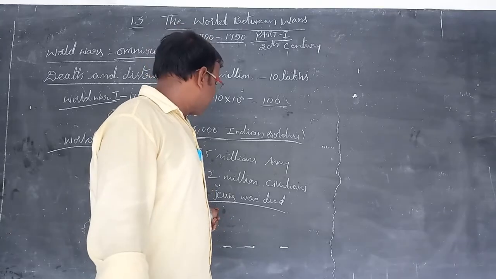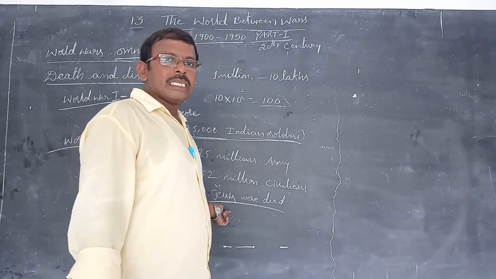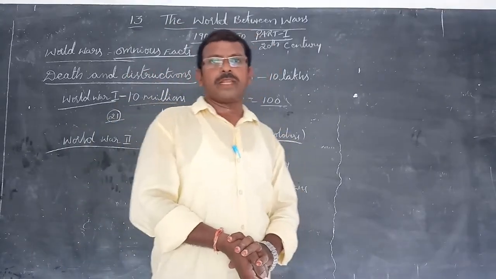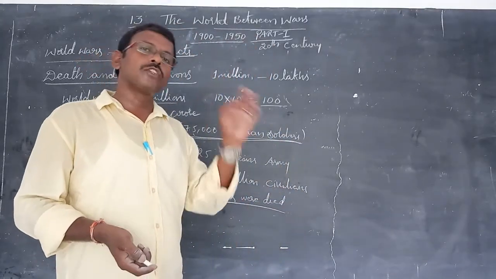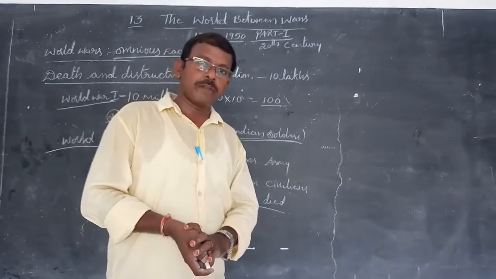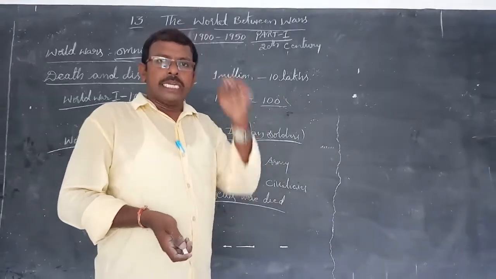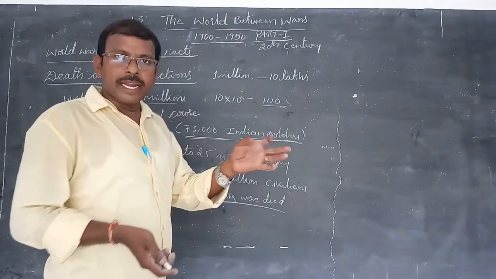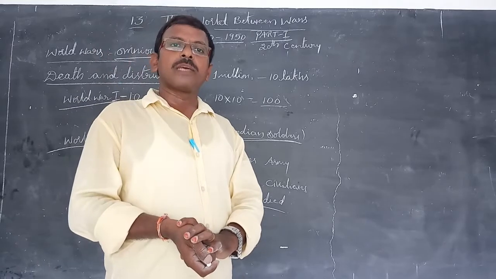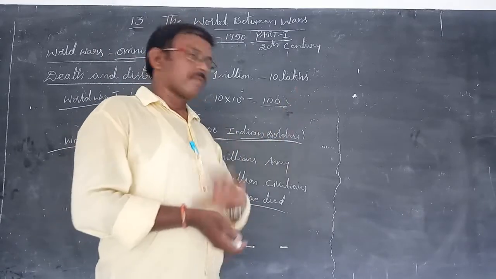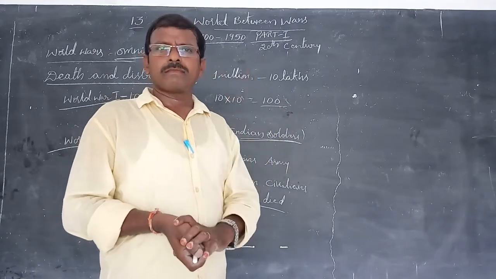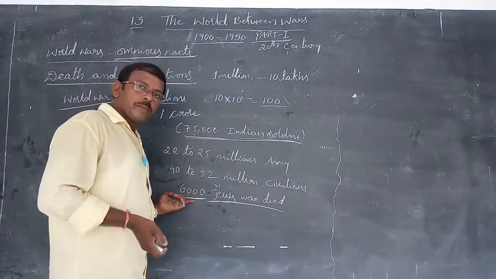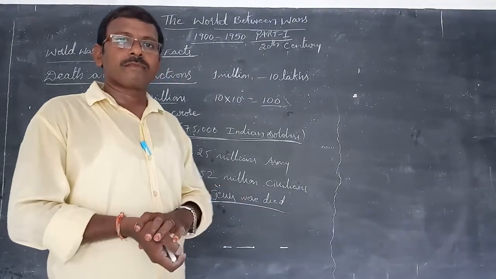Hitler targeted them, and they were a minority in Germany. Almost all are Aryans in Germany. So Hitler targeted the Jews. Those are minorities. He thought they were the main reason for this war. That's why he killed 6,000 people in the Holocaust.